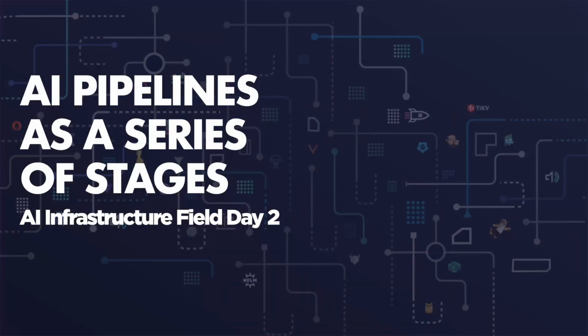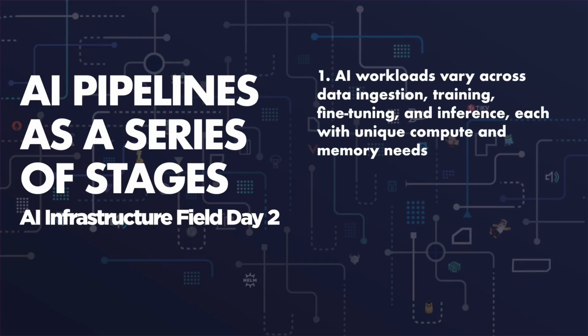AI as a pipeline, as a series of stages, was a big theme for us. Seeing that there are different types of workload at different phases through that pipeline. So seeing the data ingestion phase where we're bringing data in to start training, and then the training stages.